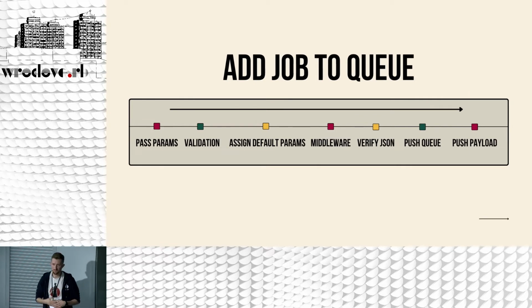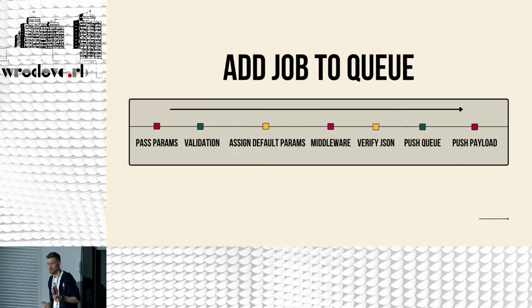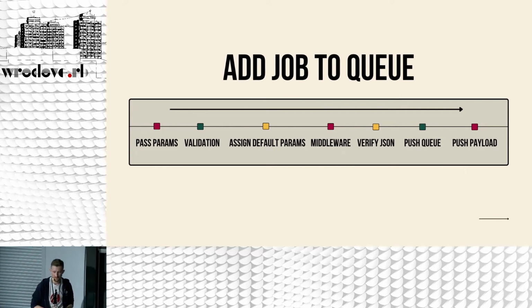Then the JSON is verified. I mentioned before that it's good to pass simple params, because with a complex object, you may not pass this verification of JSON. And in the current version of Sidekiq, you will only get a warning. But with Sidekiq 7, you will get an error, and your job will go to the dead queue, and it won't be retried automatically.